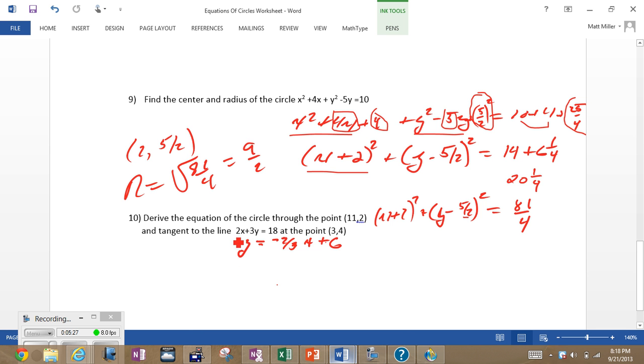Okay, the line is a tangent line, and I converted the slope intercept form just for ease on the graph in Sketchpad. Okay, so we have to be tangent to this line at the point 3, 4, and also go through the point 11, 2.